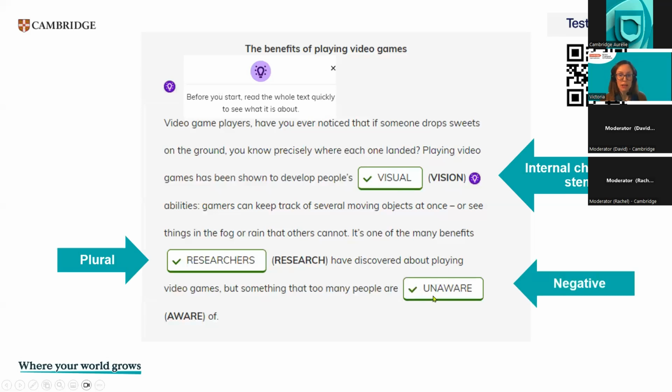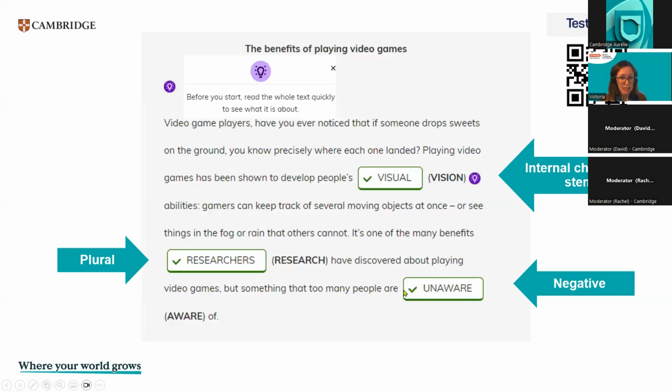And then here, unaware, we are choosing a negative prefix to make this word. And why negative? Well, because we've got the but here showing contrast. So these are examples of what you need to look at. In some cases, the key is going to be very, very close to the gap, right before or right after it.